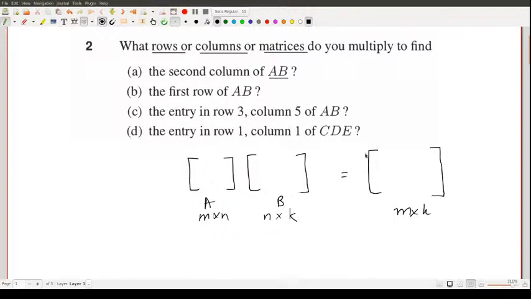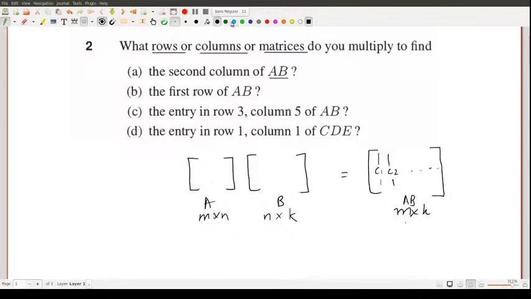The first part says, I want to find the second column of AB. So let's view AB as a column matrix. Let's say this is the first column, this is the second column, and so on.